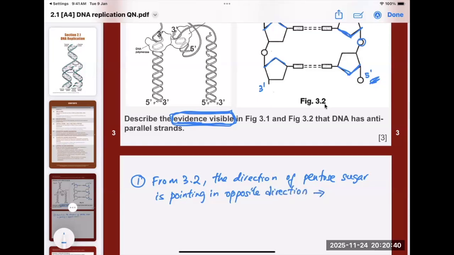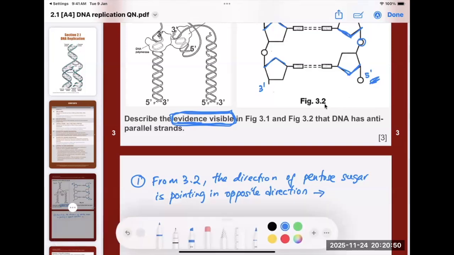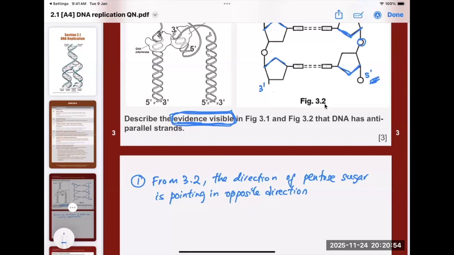Okay, hinting that it is anti-parallel because they are pointing in two opposite directions. Do you see? When I write like that, I am telling them that's how I see. That's how I get my visible evidence.